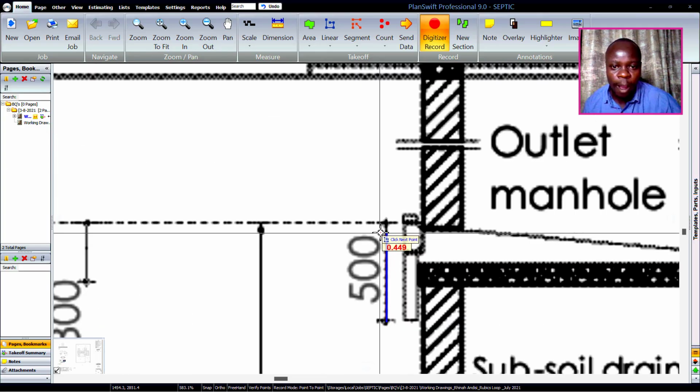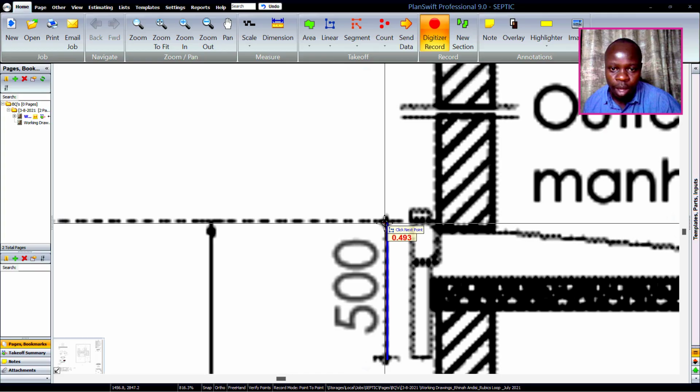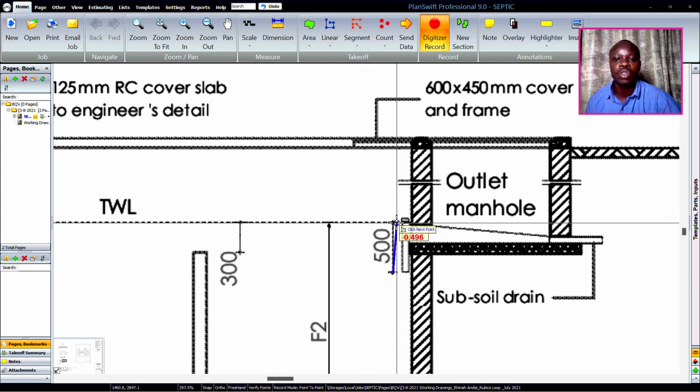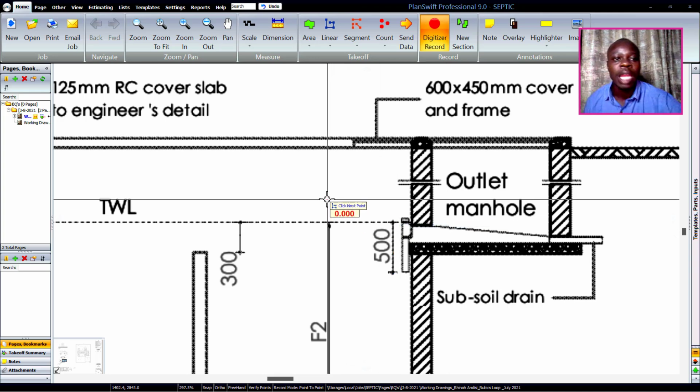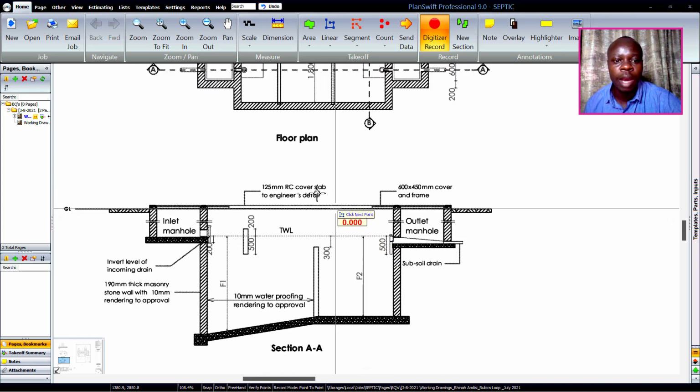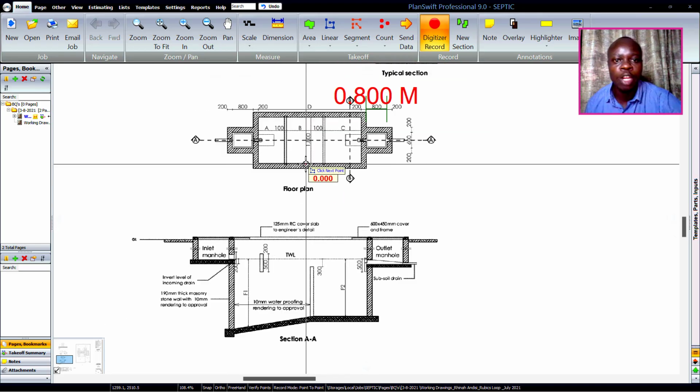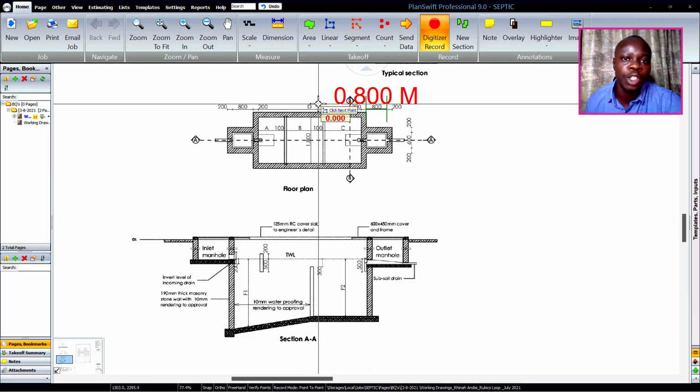Nevertheless, you can always confirm, so that you make sure that the dimensions are correct. Now that is confirmed, our plan, our section, and the plan are all in one scale. So quite fast, that is how to use Planswift to read dimensions.